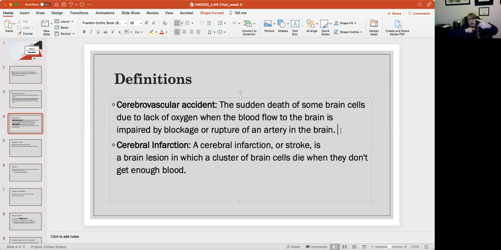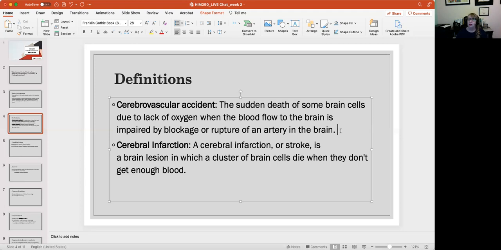Do you see the commonality between these two? Sudden death of brain cells. And that's the same thing, only said in a different way. When they don't get enough blood due to lack of oxygen because blood flow is impaired. That's the same thing too.